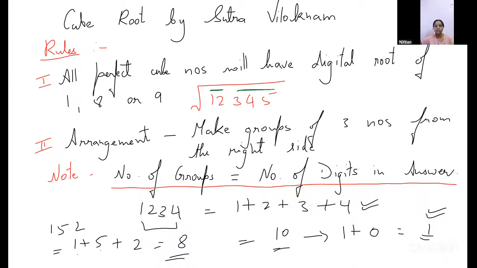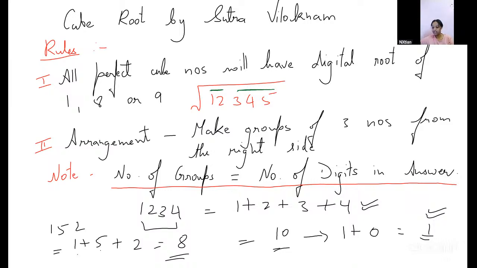Question. Yes, Abraham. Ma'am, my question is, what if I have a cube number that is 3 digit, like 576? Then how will it be?